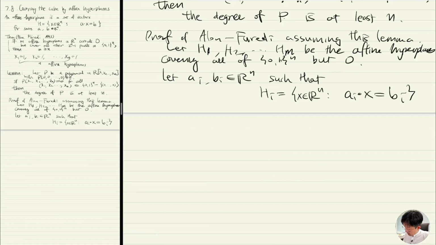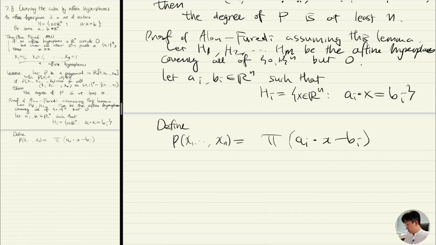Alright, now define P(x), this is a polynomial, P(x1, ..., xn) equal to the product of (ai dot x minus bi). And this is a polynomial of degree m. And what's the property?